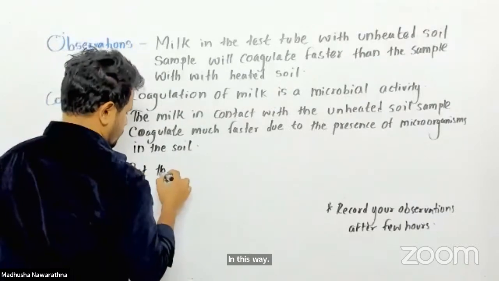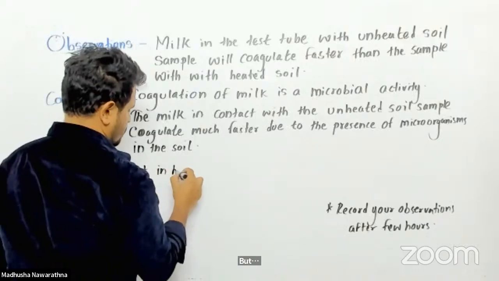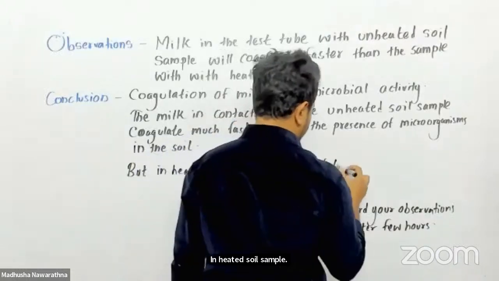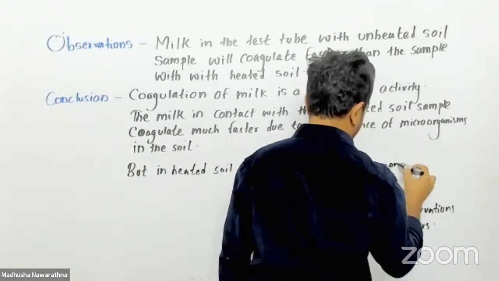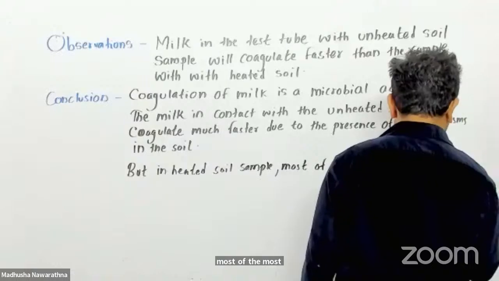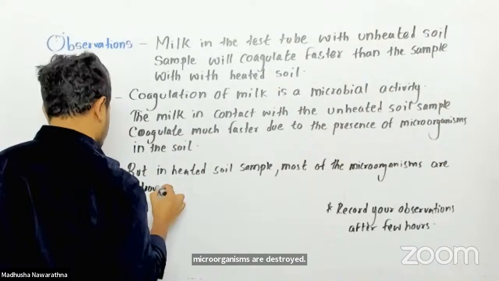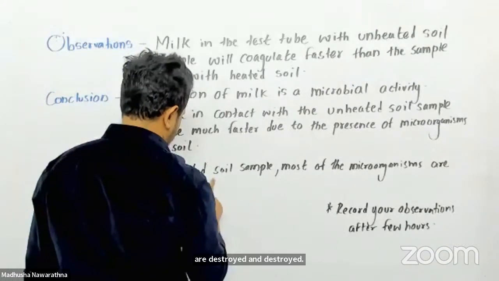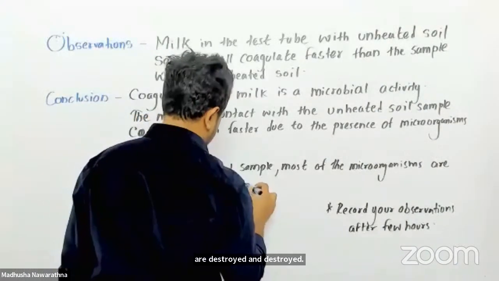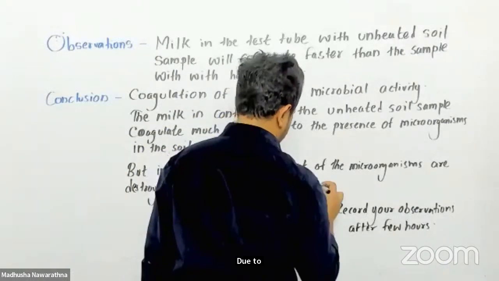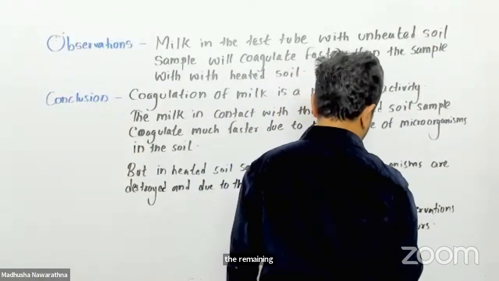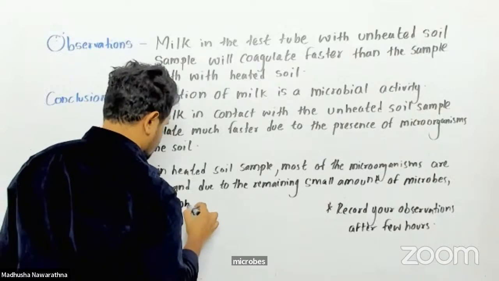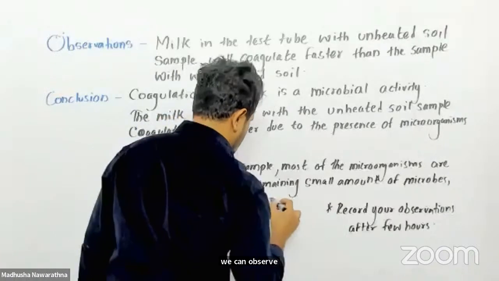But in the heated soil sample, most of the microorganisms are destroyed, and due to the remaining small amount of microbes, we can observe delayed coagulation.